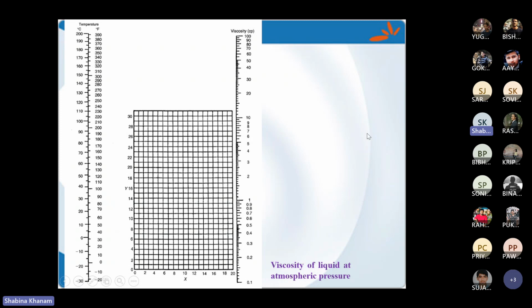So, as far as physical properties are concerned, if you see here, I'm having this graph where I'm having these x and y values. On the left side, this is the temperature line in Fahrenheit as well as degree Celsius, and the right scale is for the viscosity point.